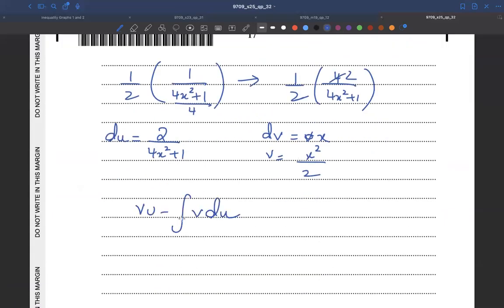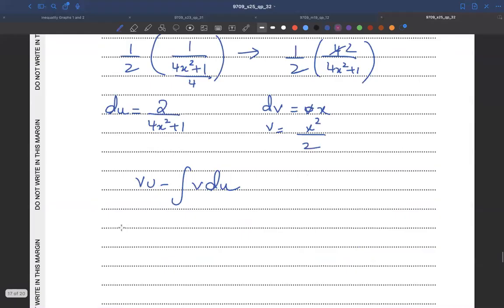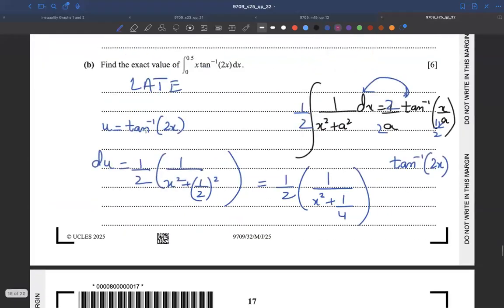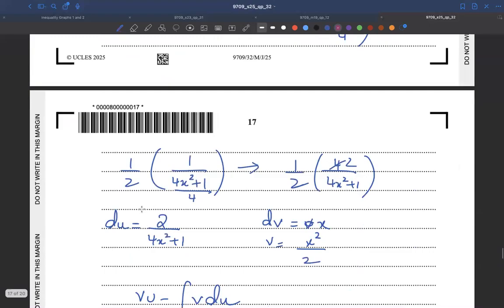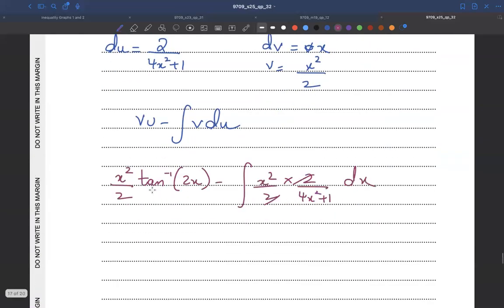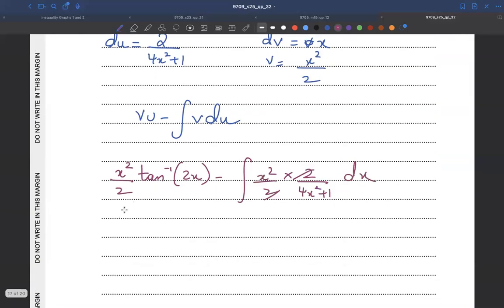So v is x squared upon 2 into u, which is tan inverse of 2x, minus the integral of v, x squared upon 2, into du, which is 2 upon 4x squared plus 1 dx. This 2 and 2 cancel out. We'll leave the first term as it is.